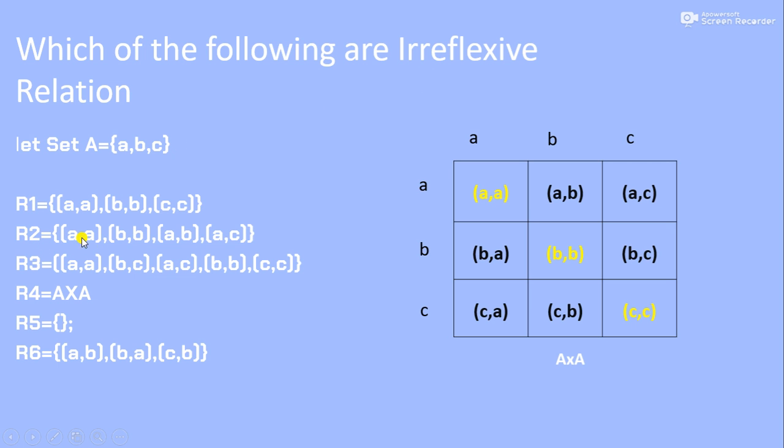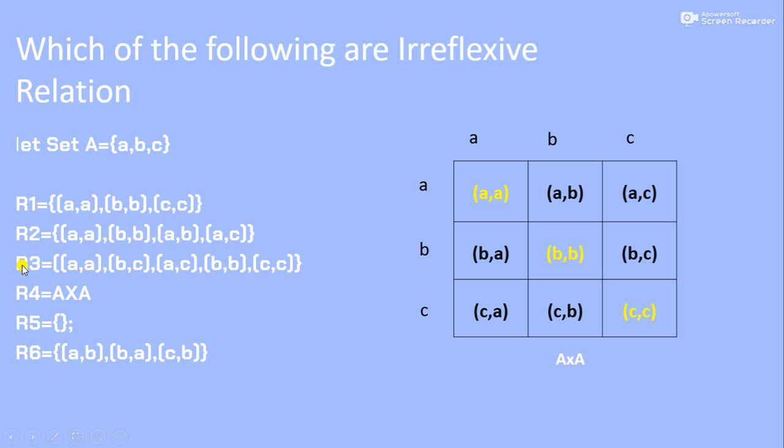In R2 we contain AA, BB. So this is also not an irreflexive relation, because R2 contains two reflexive pairs. Here R3 also contains AA, a diagonal element, or reflexive element.